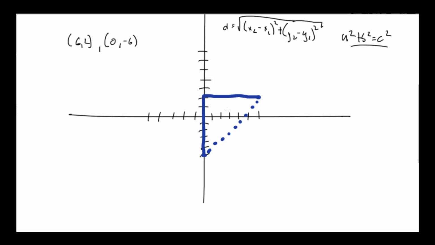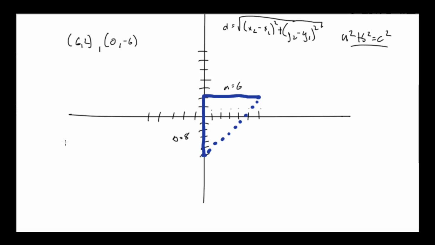Alright, so why does drawing a triangle on here matter? Well, we're going to count 1, 2, 3, 4, 5, 6. That gives us the distance of A, 6. Now we're going to start here and go 1, 2, 3, 4, 5, 6, 7, 8. That gives us the distance of B.